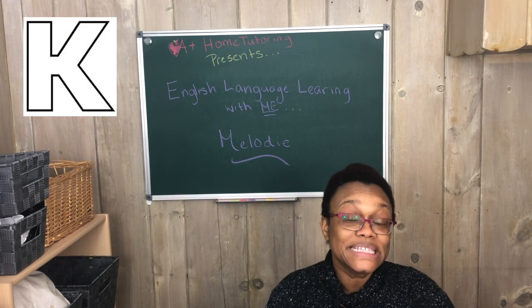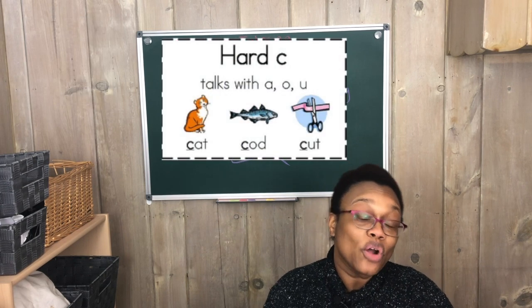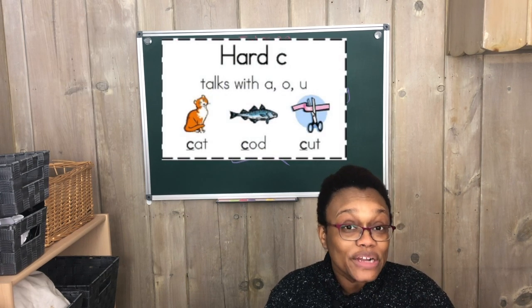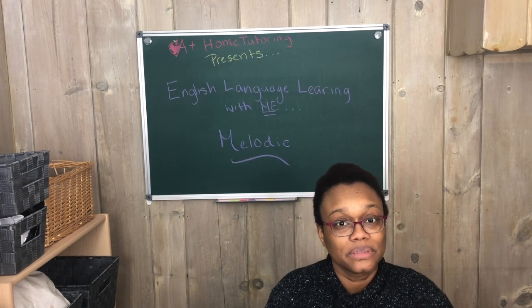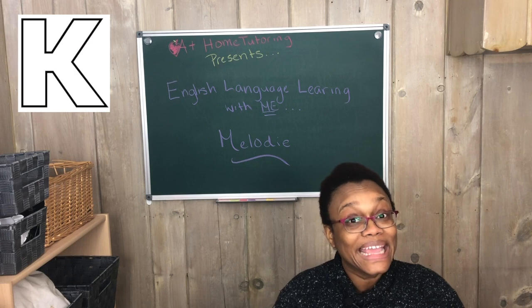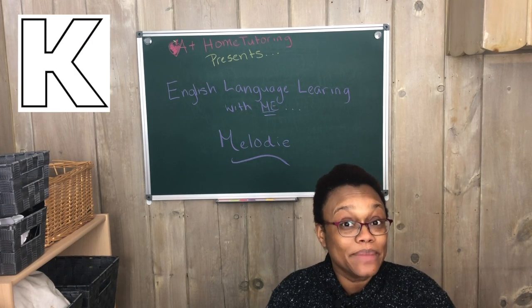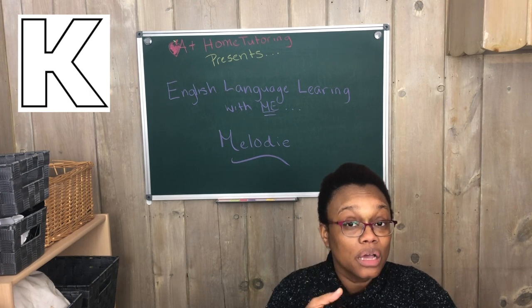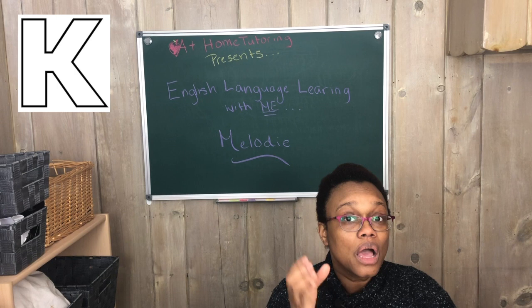The next letter is the letter K. Now we know from our letter C that a hard C sound produces a K sound. So K, as in the letter, produces the same sound. K, k, k.